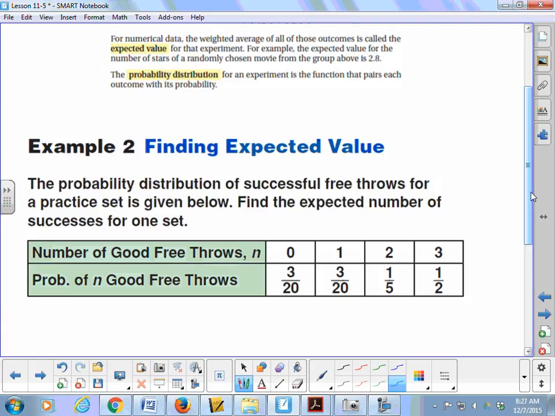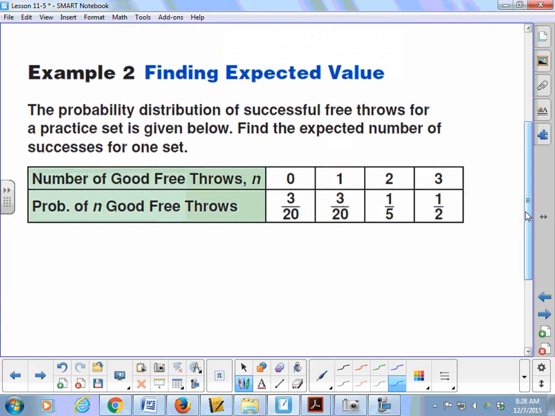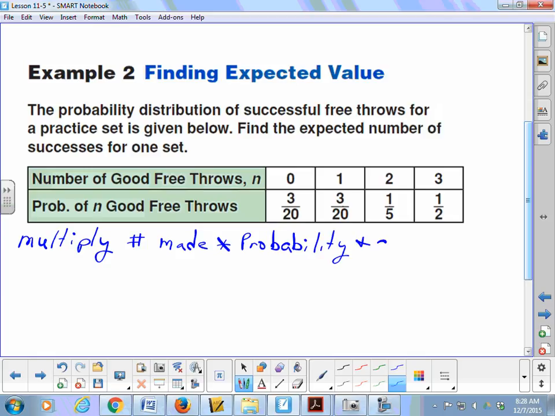So to find the expected number of free throws they're going to make, we are going to multiply how many they made times the probability and add them together. That's the expected value.